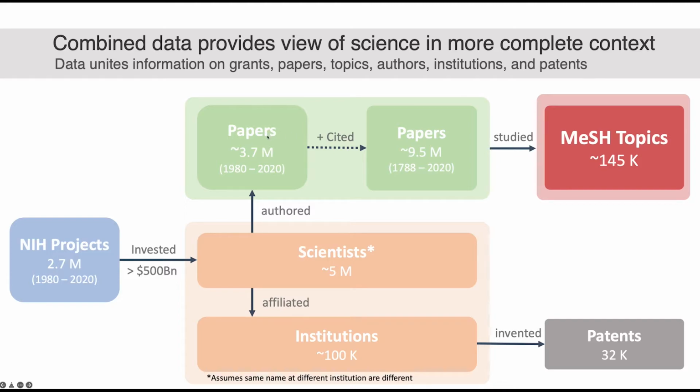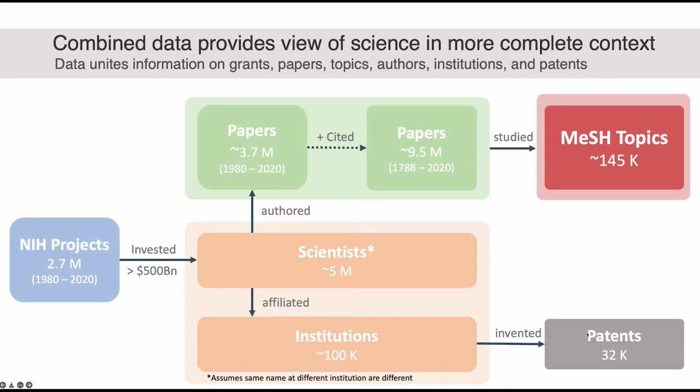And when people write papers, just like you guys write your papers, they cite other papers as evidence that they're doing their work correctly, that they're building on the knowledge base, and so on. So we not only collected these papers that the scientists generated from the NIH projects, but we also collected everything that those papers cited. I basically went to the bibliography and grabbed anything in there that was also in PubMed. Okay, we mapped from there to the topics that I mentioned earlier, the medical subject headings.